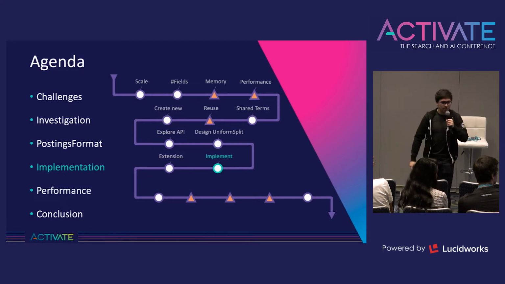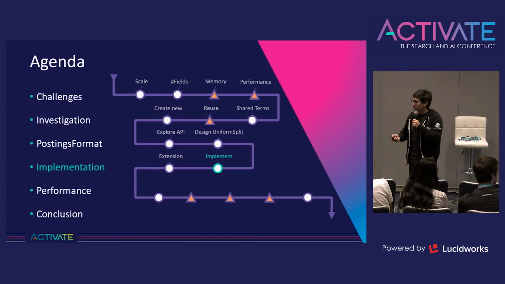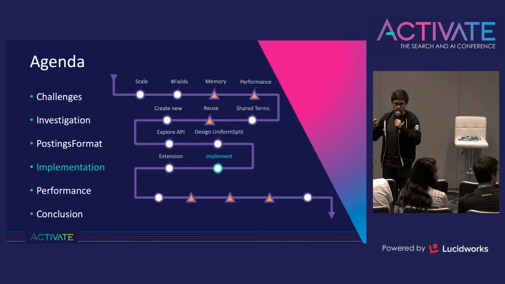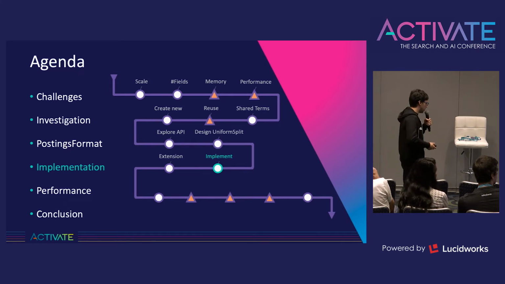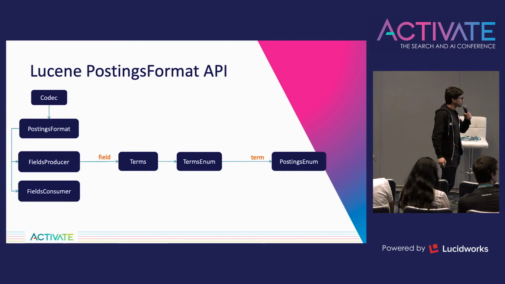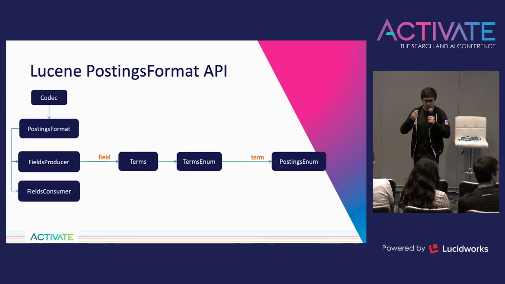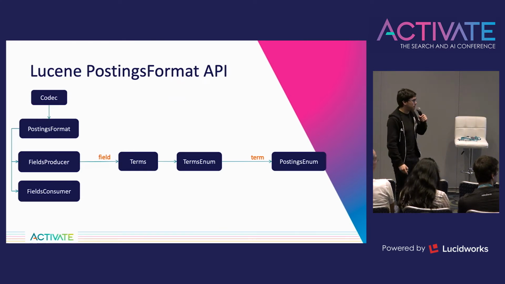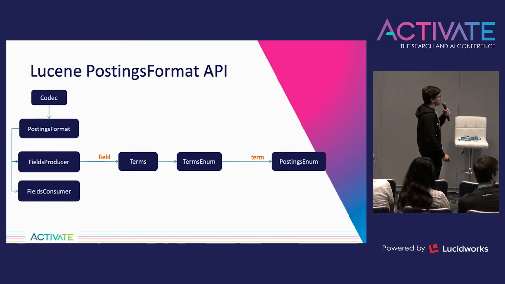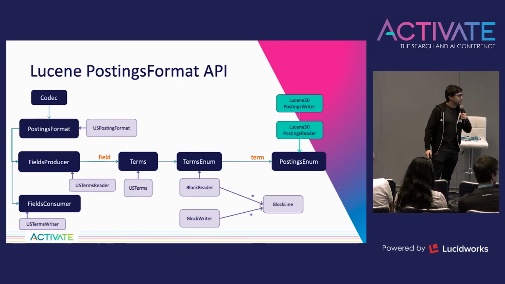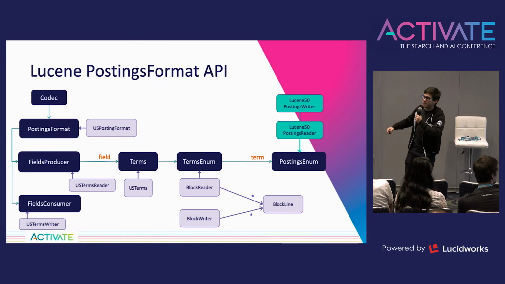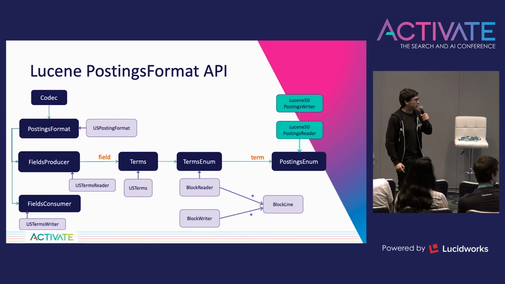So okay, now we have the API clear and the principle of our new posting format clear. So we started to implement it. Coming back to the Lucene PostingsFormat API, let's see how UniformSplit fits in. As expected, we implemented a class per interface in the Lucene PostingsFormat API.